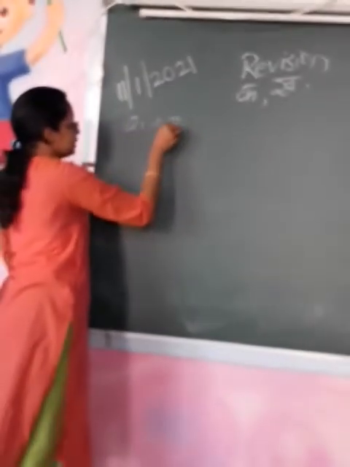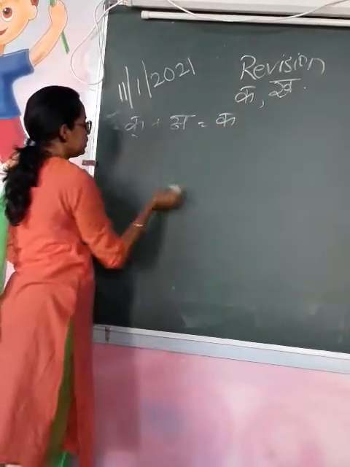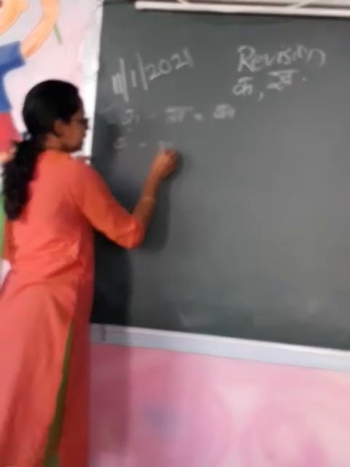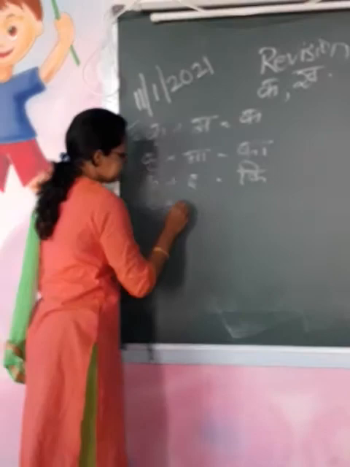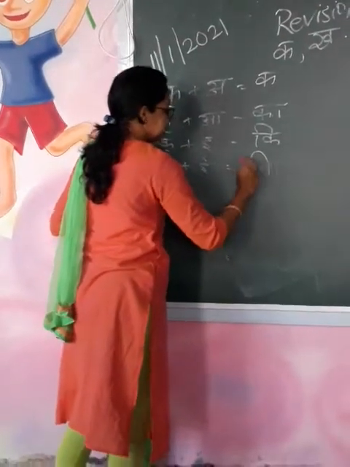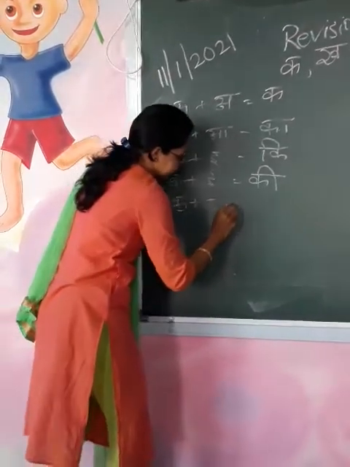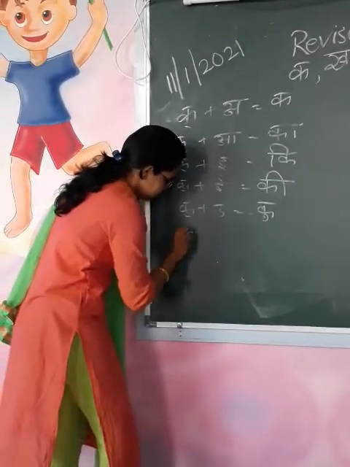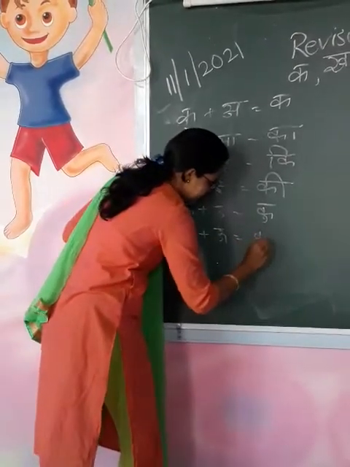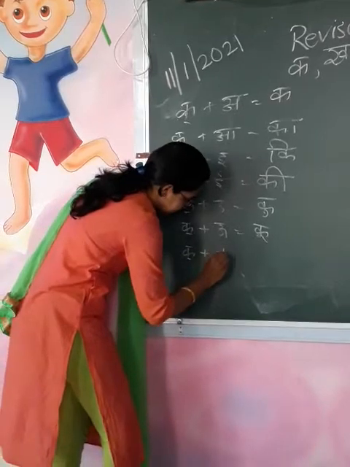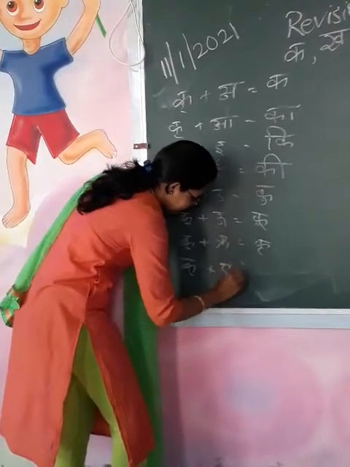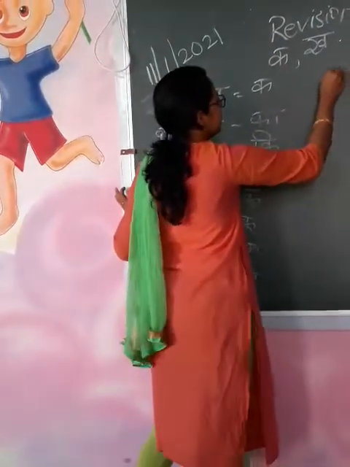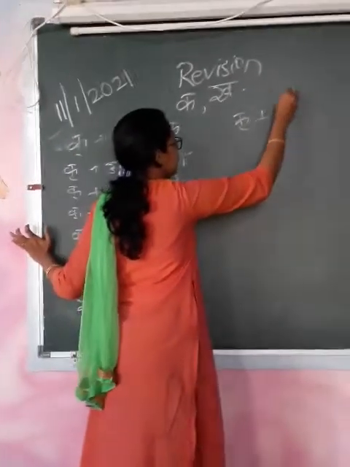K plus a की मात्रा को क्या लिखते हैं? क. क प्लस आ की मात्रा हो जाता है का. क प्लस छोटी ई की मात्रा छोटी की. क प्लस बड़ी ई की मात्रा बड़ी की. क प्लस ऊ की मात्रा छोटी कू. क प्लस बड़ी ऊ की मात्रा बड़ी कू. क प्लस री की मात्रा क्री. क प्लस ए की मात्रा के. क प्लस आई की मात्रा कई.